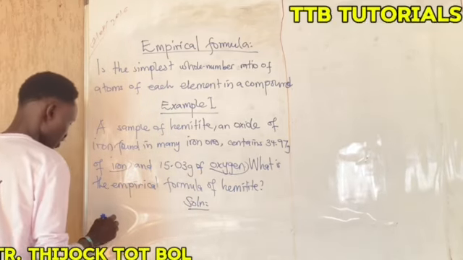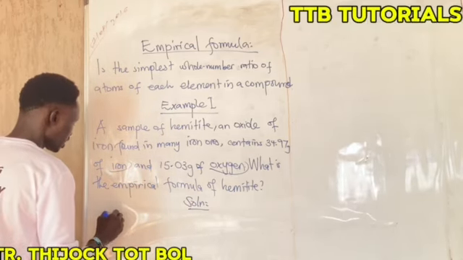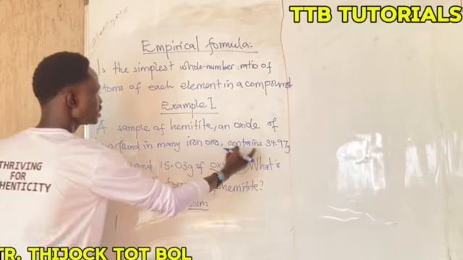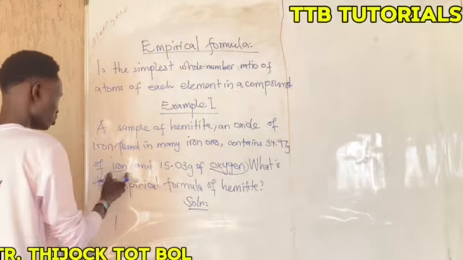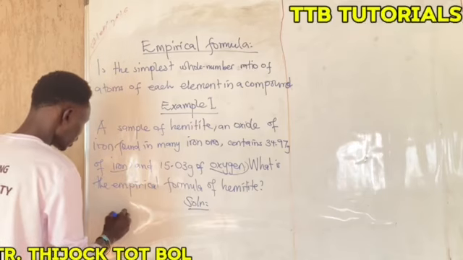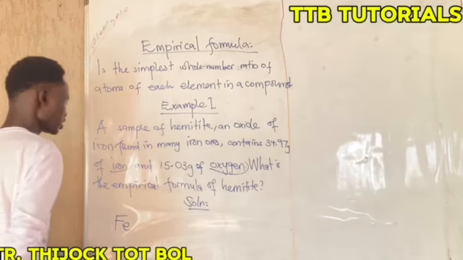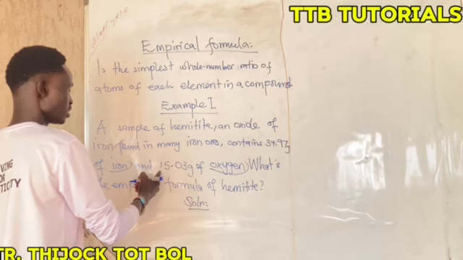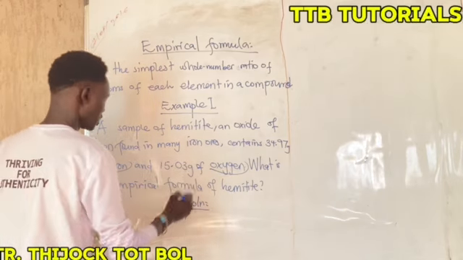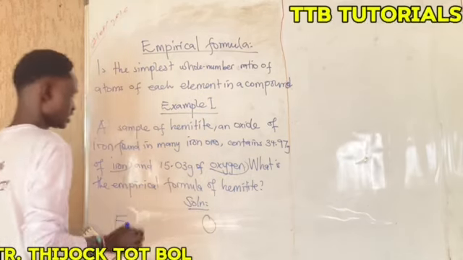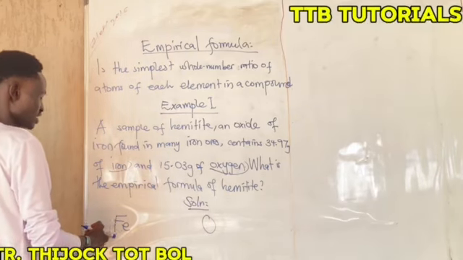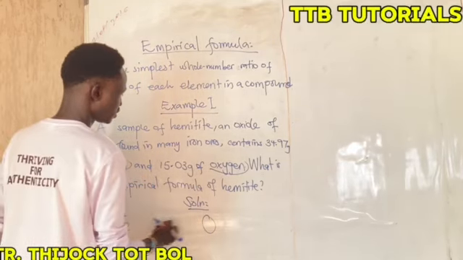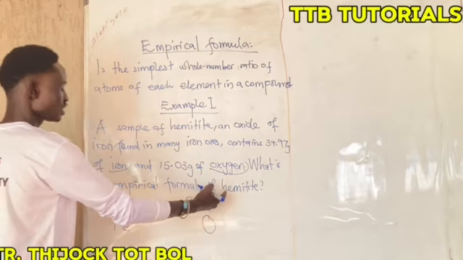So you write iron, since it contains 34.97 grams of iron. So the starting element is iron, and 15.03 grams of oxygen. So oxygen is the second element. So these are the elements or the components of hematite.